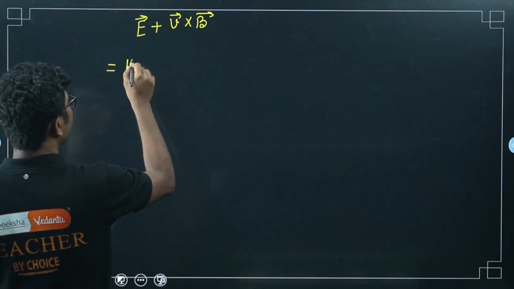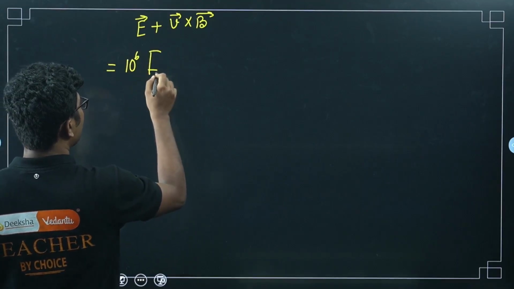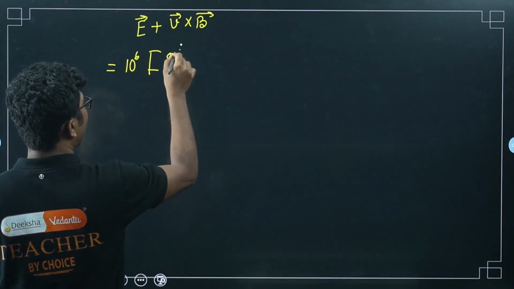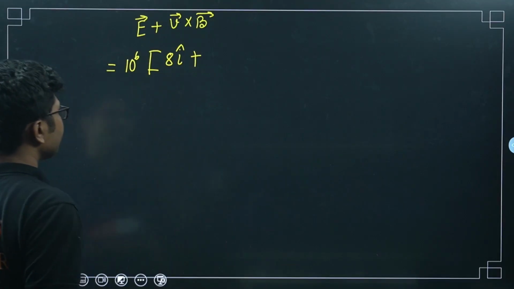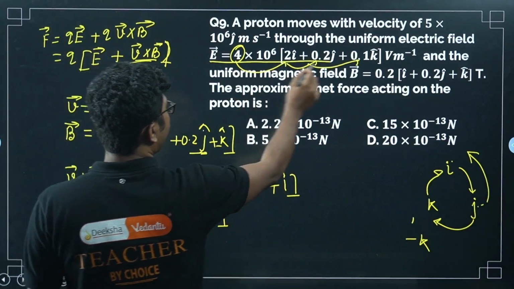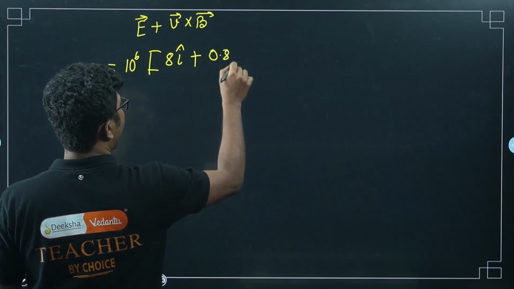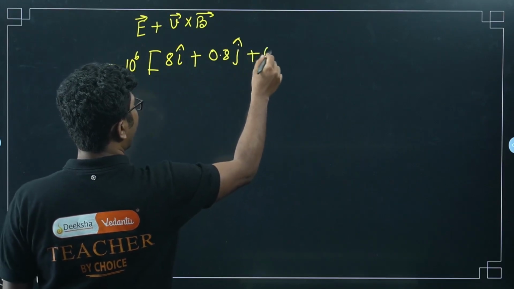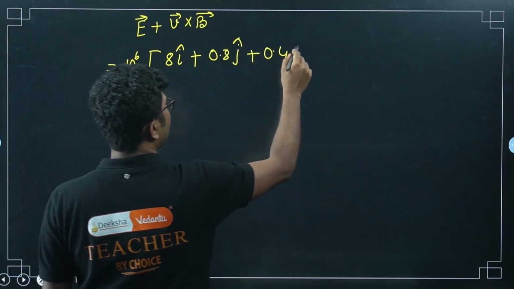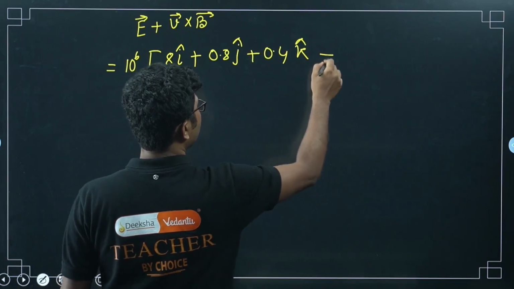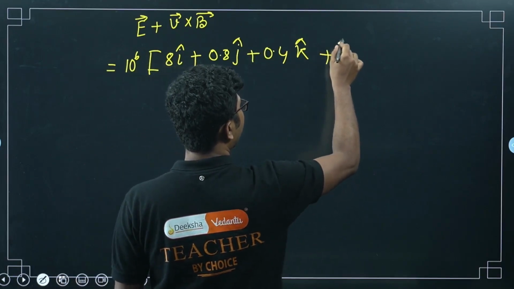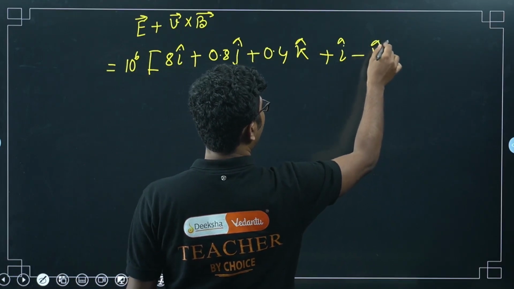We have to use 10 to the power of 6, then 8 i cap plus 0.8 j cap and 0.4 k cap. From this we got only i cap minus k cap.